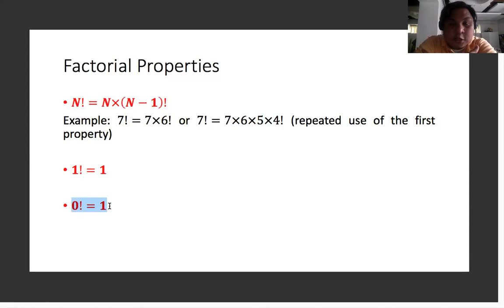But because of some scenarios that involve computing for a 0 factorial, 0 factorial was defined to be 1, just to make sure that the calculations would still work.